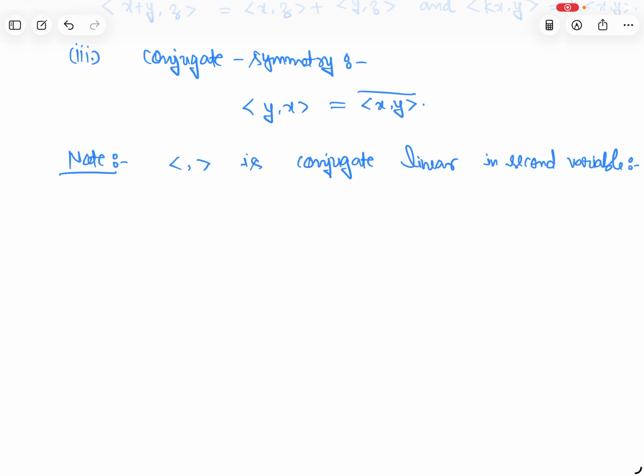Conjugate linear in the second variable, because you see that if I fix x, then <x, y + z> we can also write as the conjugate of <y + z, x>.